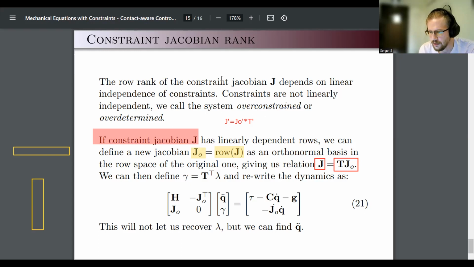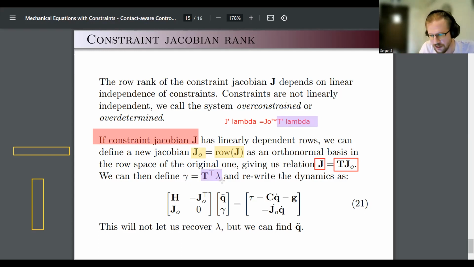What is also interesting in this representation is that if we multiply by lambda on both sides, we can propose a new variable. This new variable, T transpose lambda, we can call gamma.